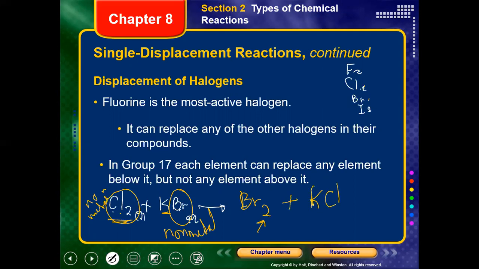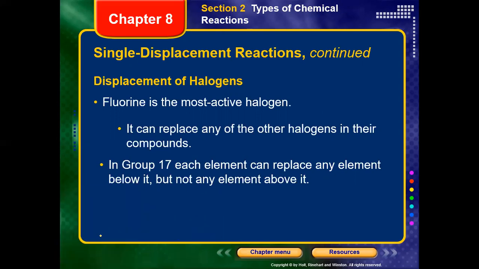And we have to balance, multiplying by 2 this side, multiplying by 2 this side. Here is the chemical equation for the reaction between chlorine and potassium bromide.